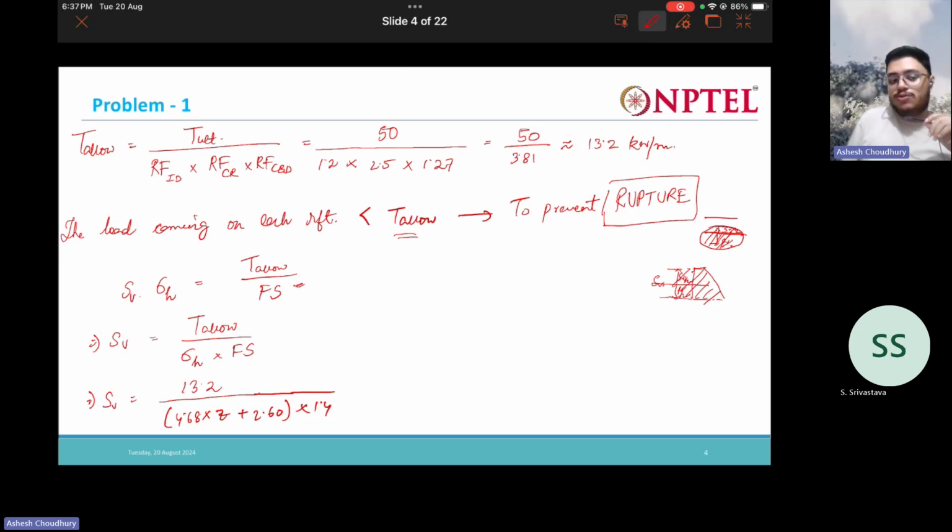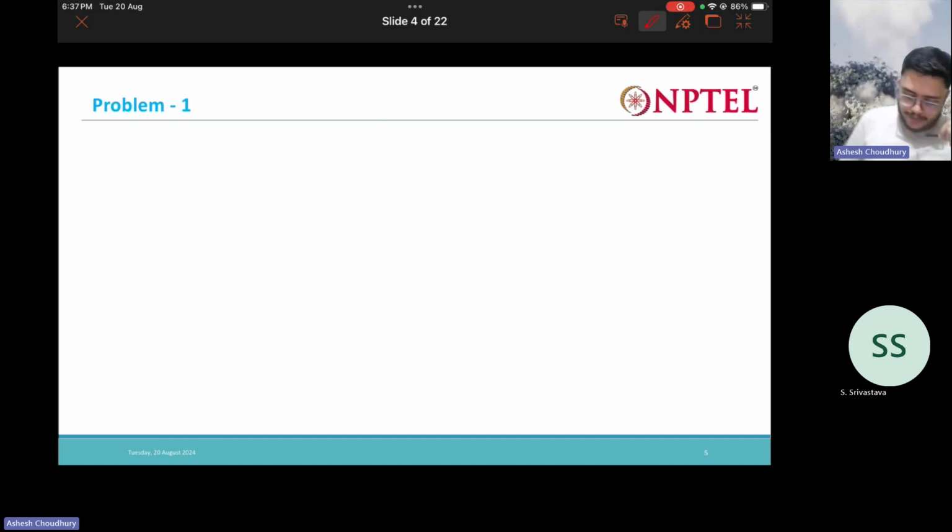Now it's up to you how you want to decide the spacing. We have to construct a wall height of 6 meters.